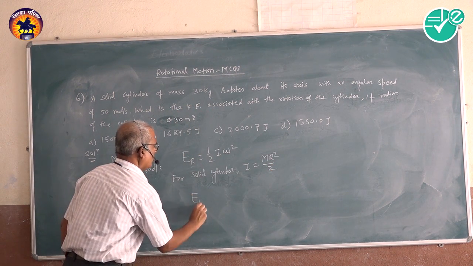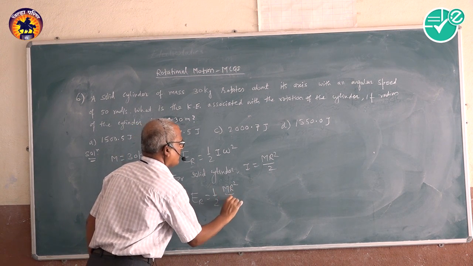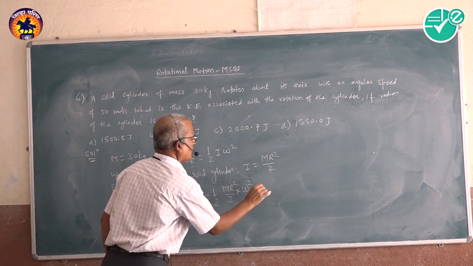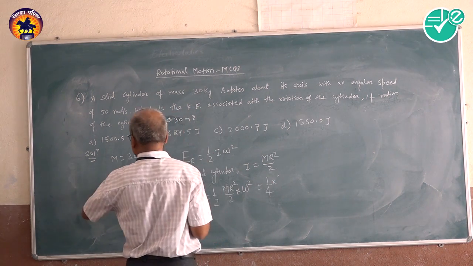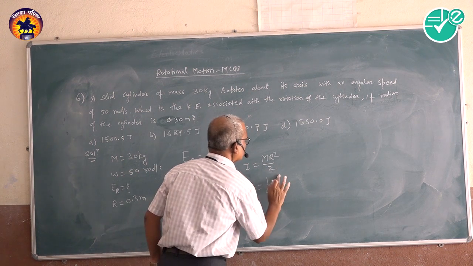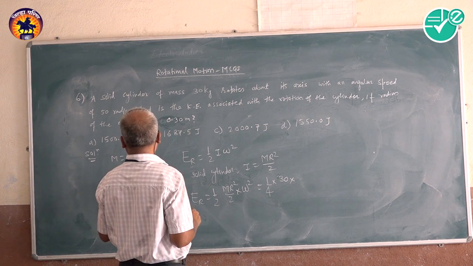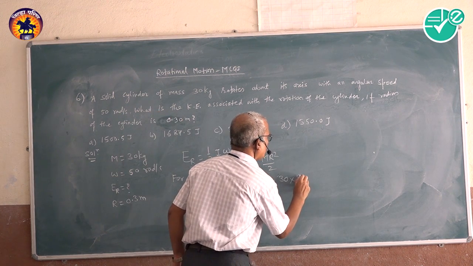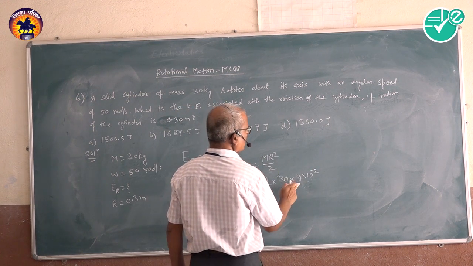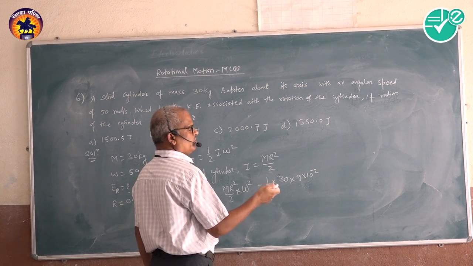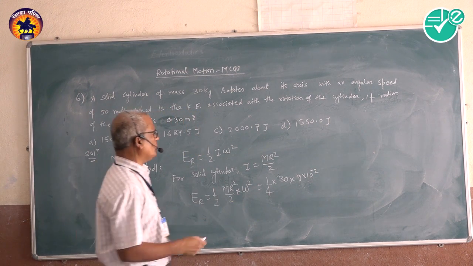Put the value here, 1/2 into mr square by 2 into omega square. Substitute the values, 1/4 into mass. Mass is 30 kilograms into r square. R is 0.3. So 9 into 10 raised to minus 2. 0.3 square means 3 into 10 raised to minus 1, 3 square is 9, 10 raised to minus 1 square is 10 raised to minus 2.